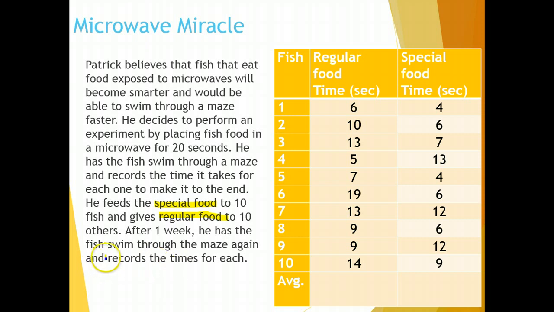It looks like, based on the data table over here, Patrick is recording the amount of time it takes for each fish to swim through the maze. And from our data table you can see that there are 10 fish in the regular food group and 10 fish in the special food group.